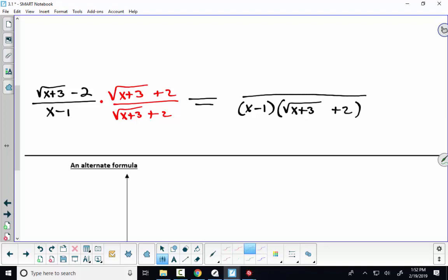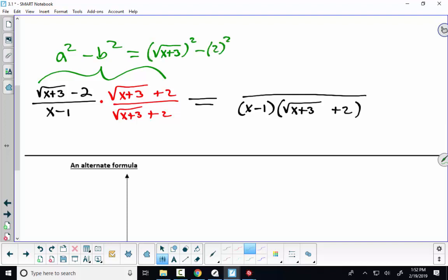And so when we multiply these two things together, these two things are just the difference of squares, a squared minus b squared. So in other words, we have the square root of x plus 3 squared minus 2 squared. So up top we just get x plus 3 minus 4, which we see is just x minus 1.